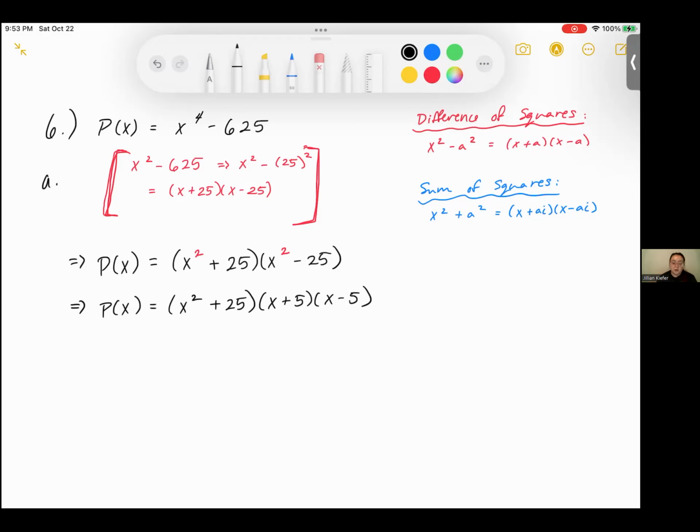So what we notice here is that x plus 5 and x minus 5 are real numbered linear factors. And we know that if we factored x squared plus 25, that would give us complex linear factors, which is what we do not want. That's part B. So x squared plus 25 is our irreducible quadratic factor.